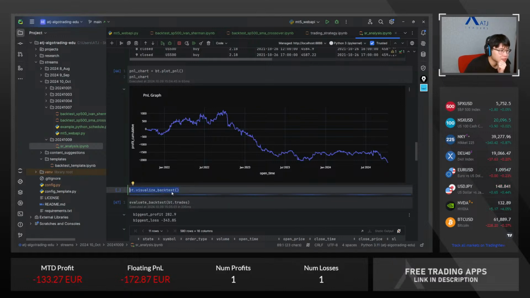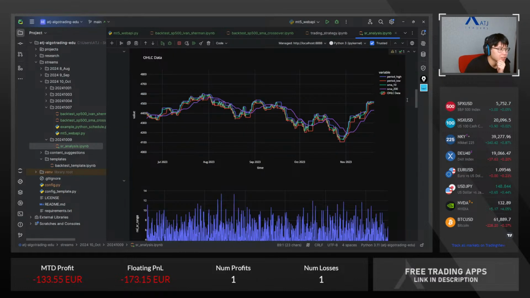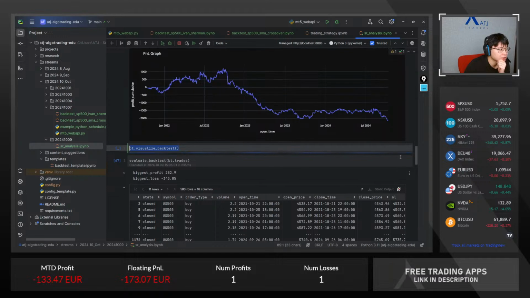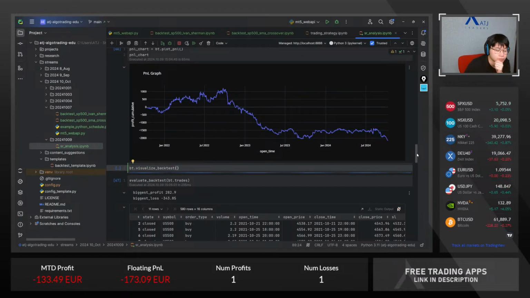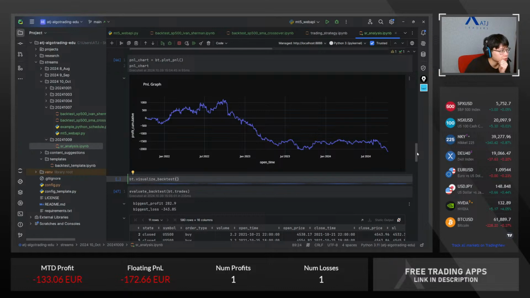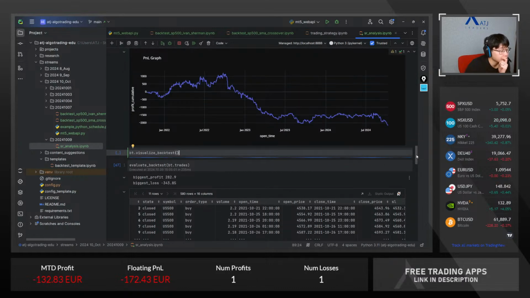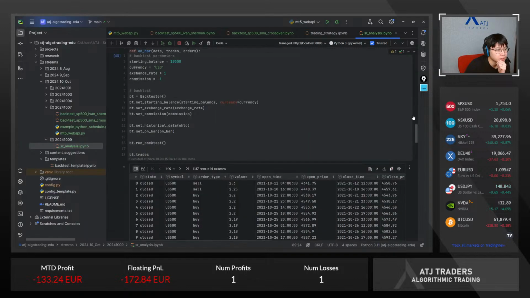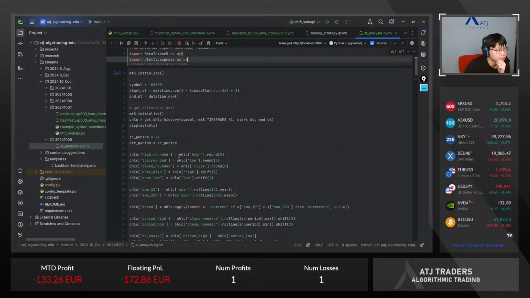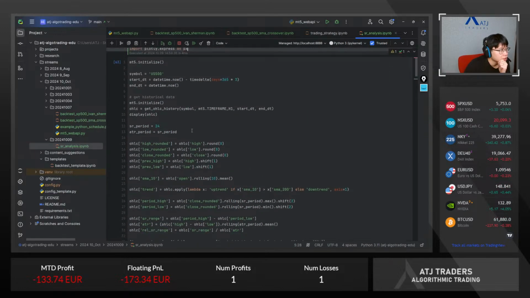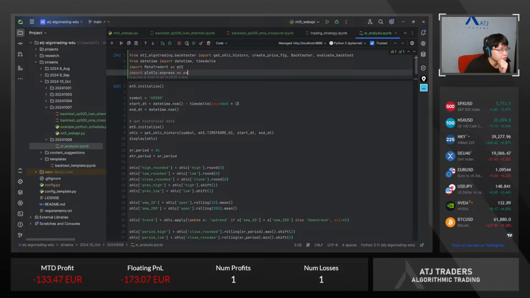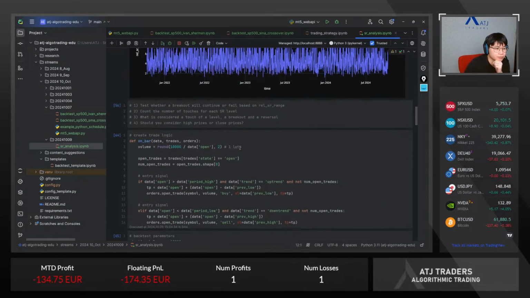What it does is visualize OHLC data and also display all the trades on the OHLC chart. It takes a lot of memory, but if you want to analyze something, it's very useful. I recommend using it on a smaller data size. For example, instead of using 3 years of data, just use 6 months or 1 year, and then it should be much faster.